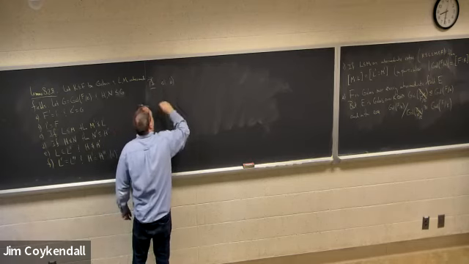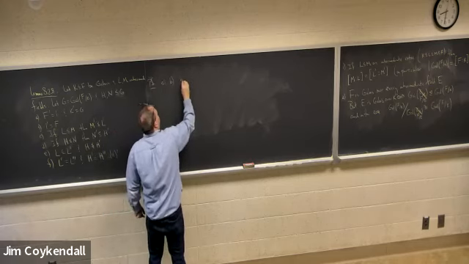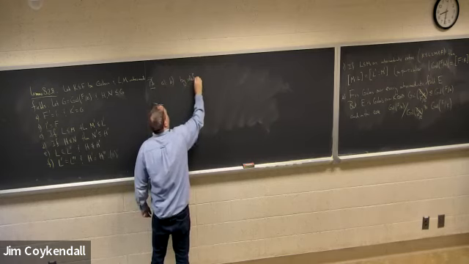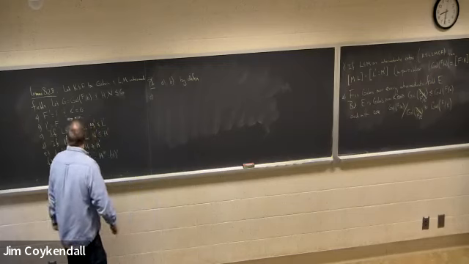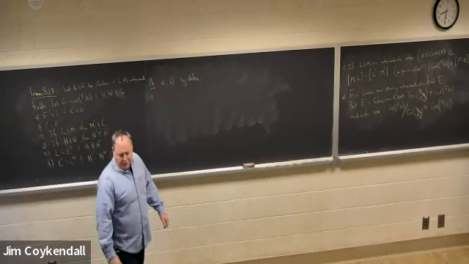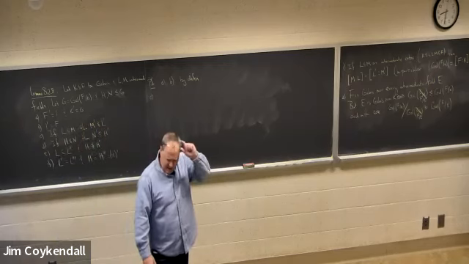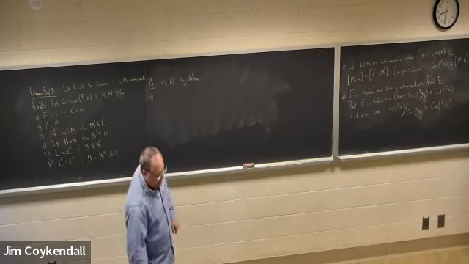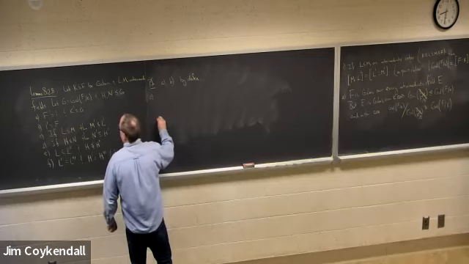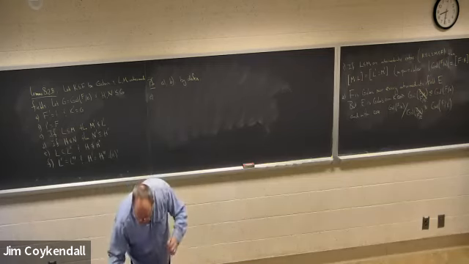A, B are essentially by definition. So see if you can get that sorted out. C, we want to show that if L is contained in M, then M prime is contained in L prime.